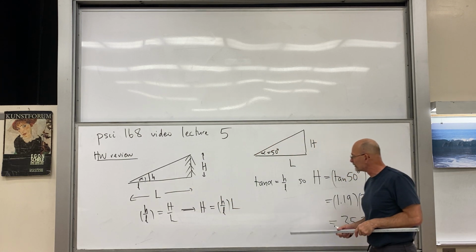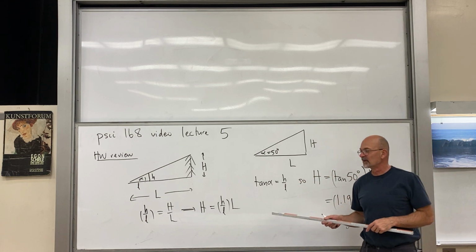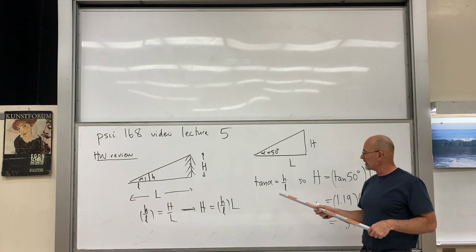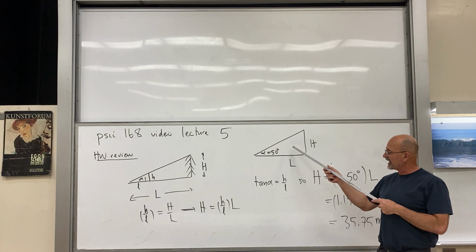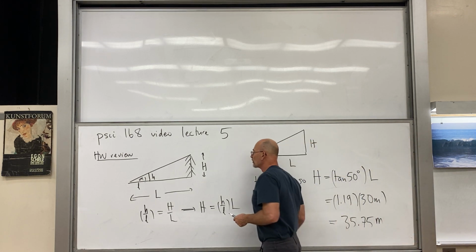So there's nothing mysterious going on here. A lot of our measurement of the world and the solar system is based on these types of geometric relations. In particular, surveying is. Good, so there's the homework review.